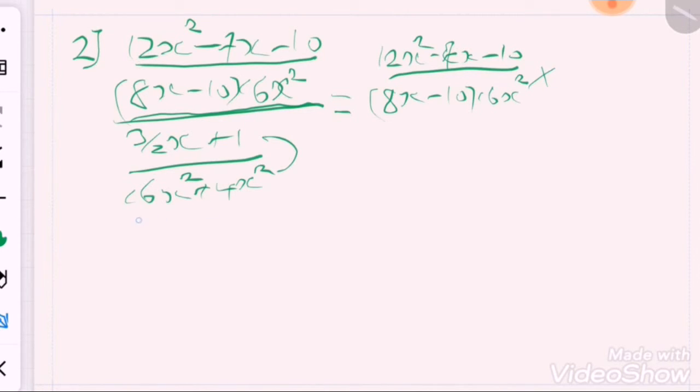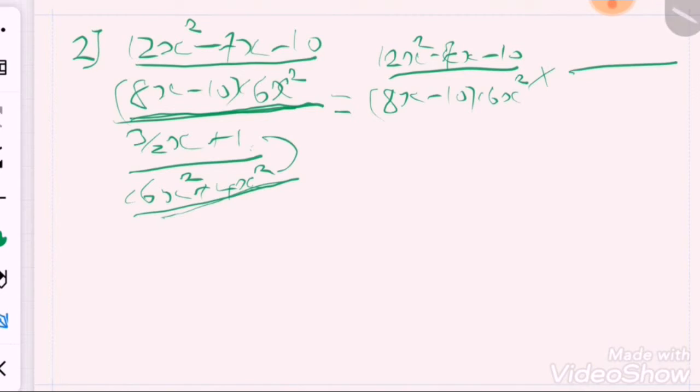When I take the reciprocal, the division sign changes to multiplication in this new expression, then the divisor comes up, the numerator, or dividend, comes down.